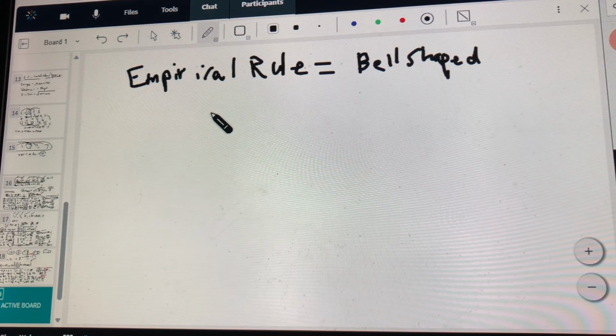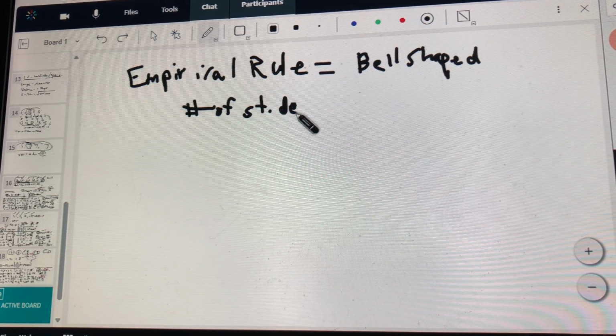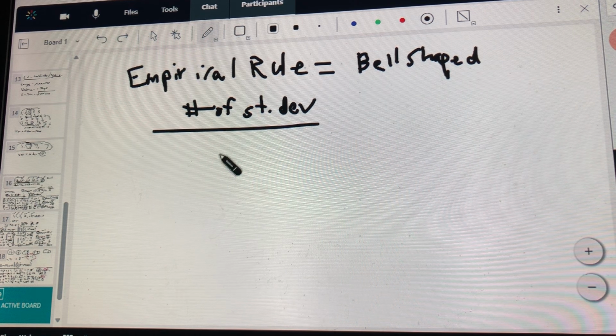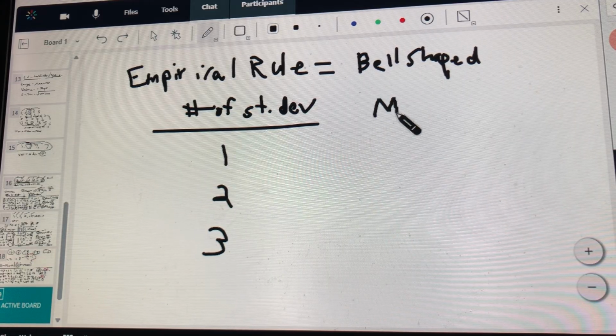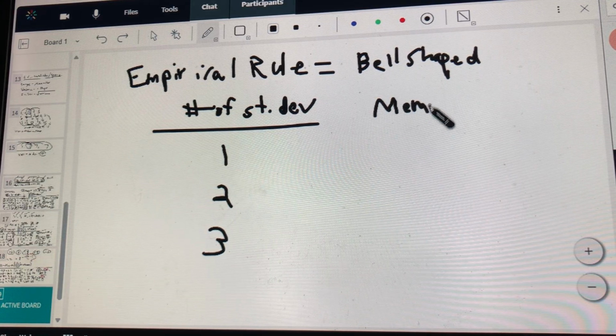In the empirical rule, we go to the number of standard deviations. And we just learned how to find standard deviations. So the number of standard deviations will be 1, 2, or 3 every time in an empirical rule problem. And then you're supposed to memorize these percentages.